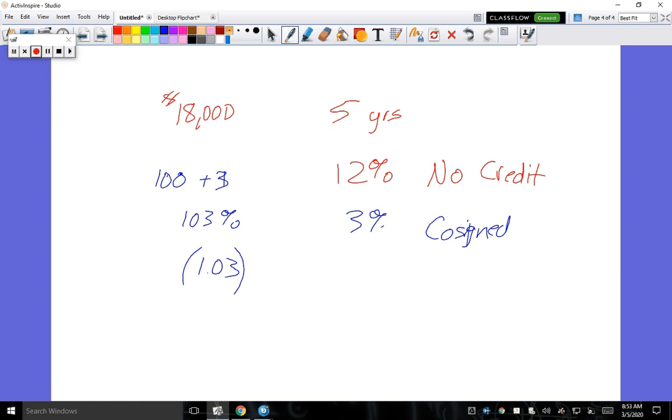This would be my base. This would be the start. And this would be the number of years. You with me? So if I looked at this, let's go ahead and plug this in.